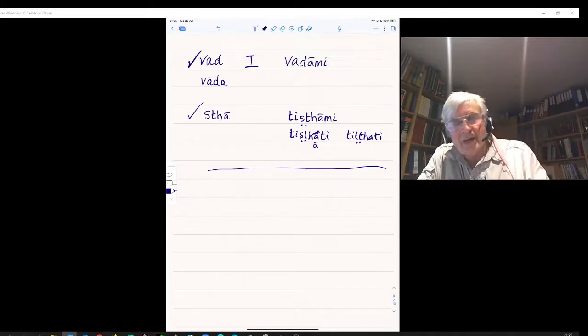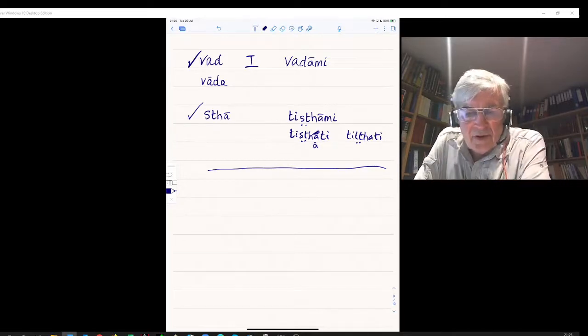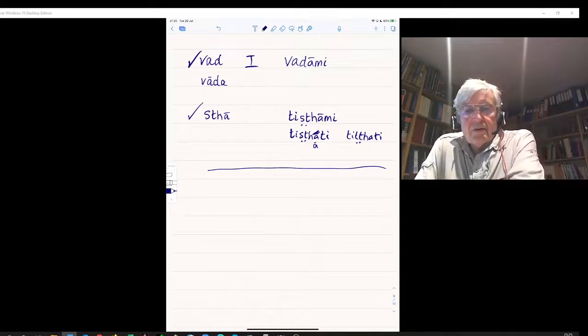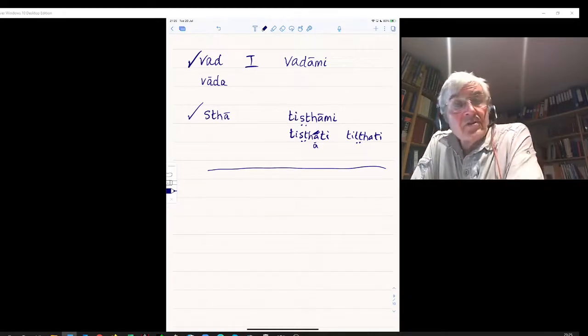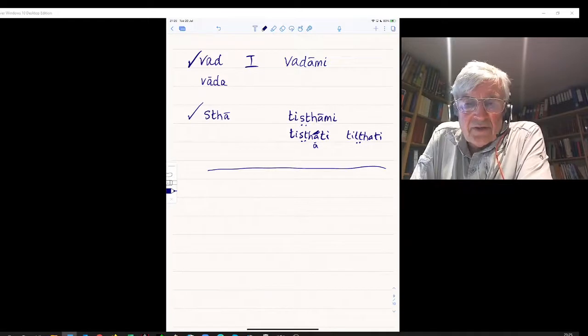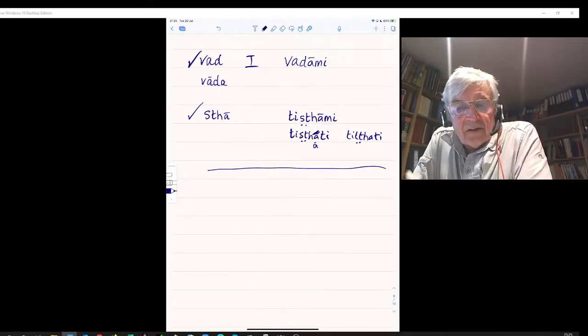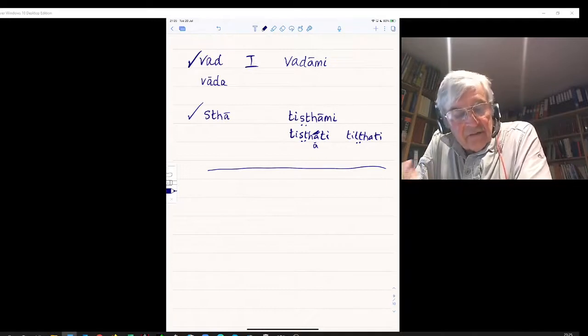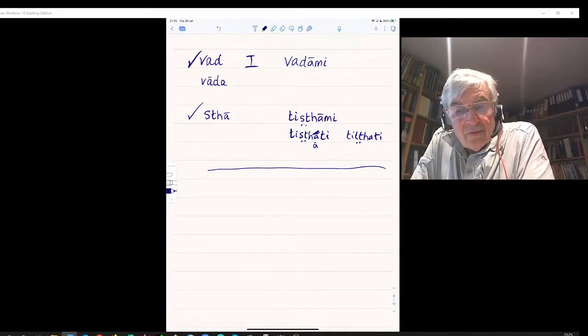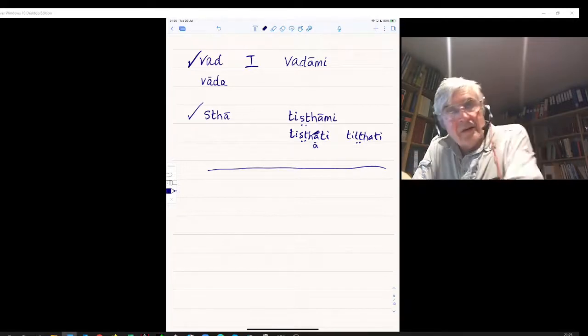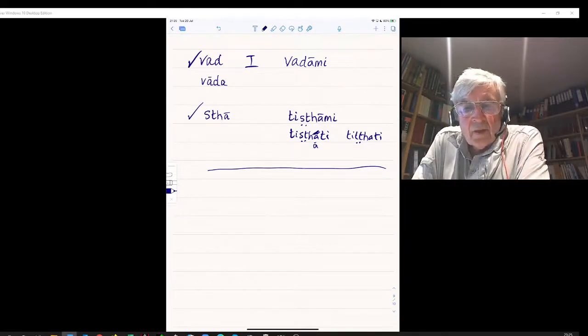For now, we'll just stick to how it's put in the exercises. There's no sandhi change to be made in that sentence because these are all words that end in a vowel. Vadati, na, cha, vadami. Where there might be a sandhi, there is none because it ends in a vowel and the next word begins in a consonant.